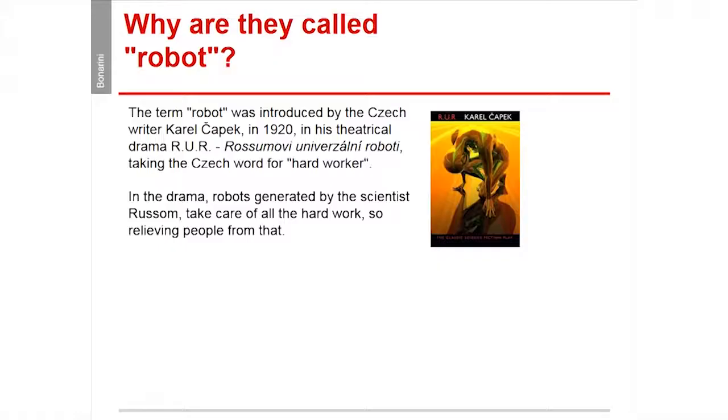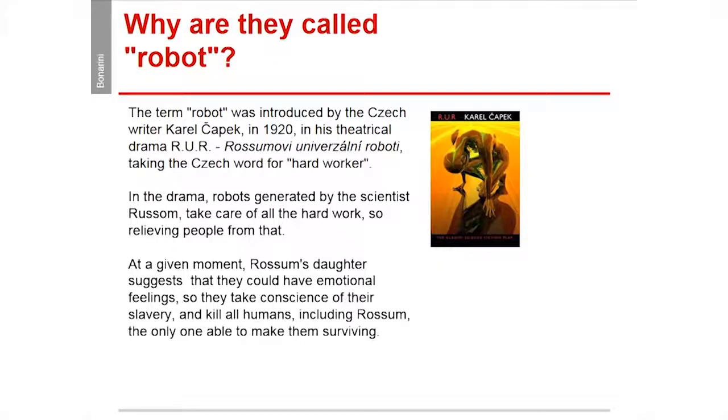Everything goes well until the daughter of the scientist decides that it's a pity that these robots cannot have emotions, cannot feel their state of slavery.